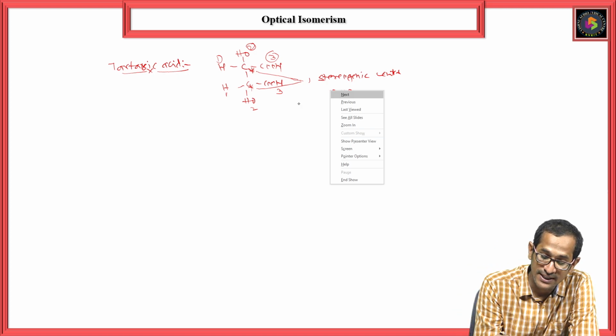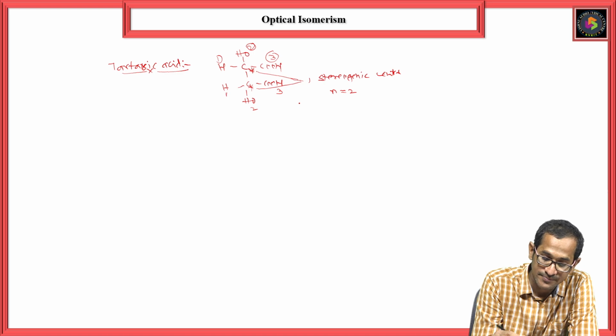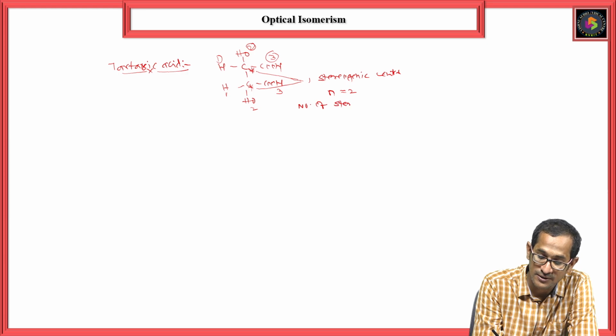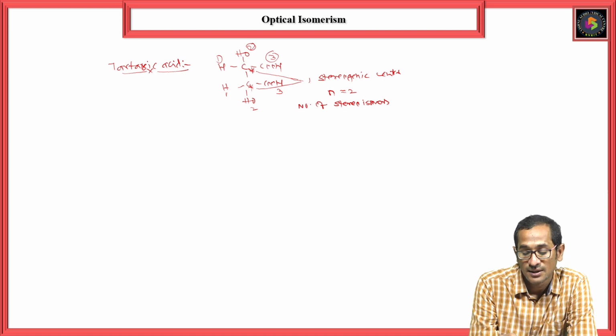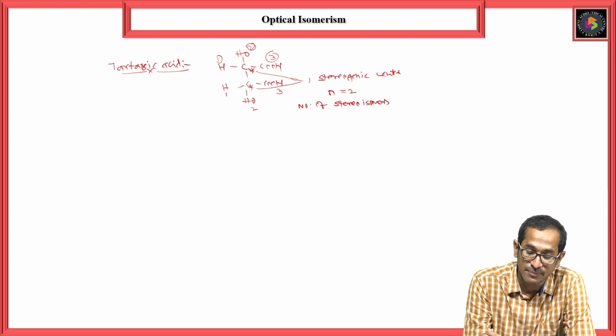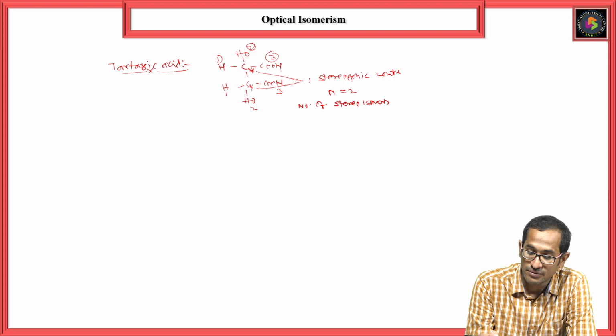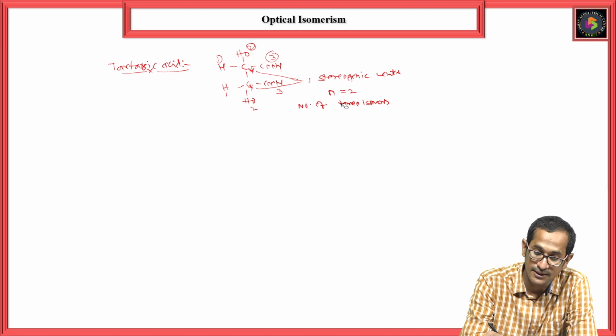What is n? The number of chiral centers.